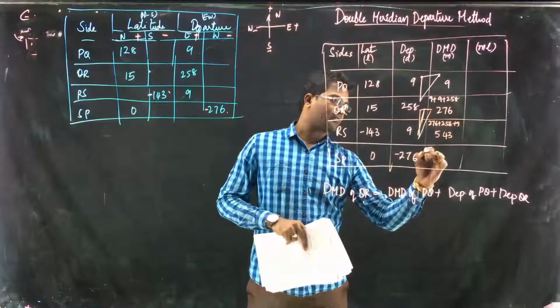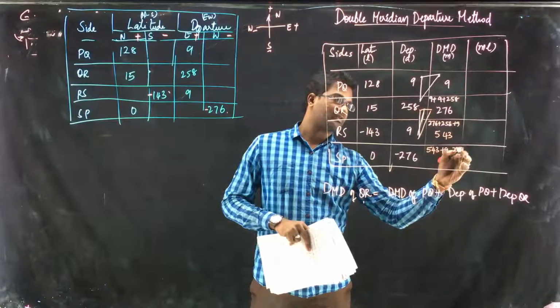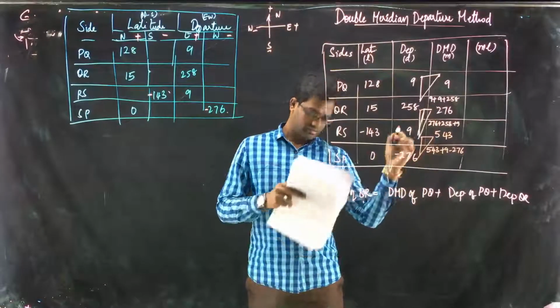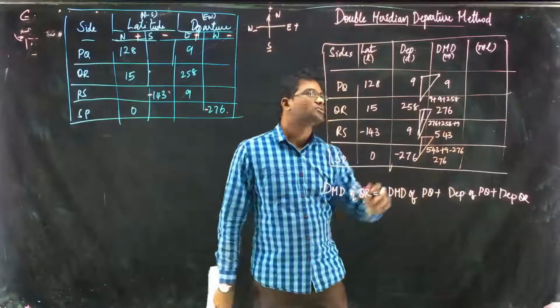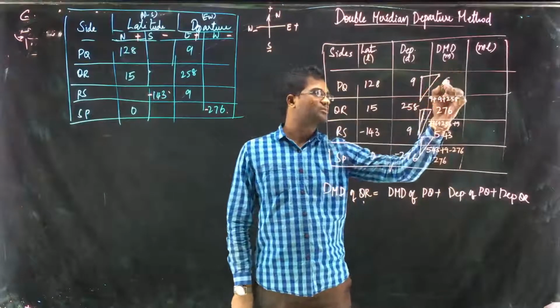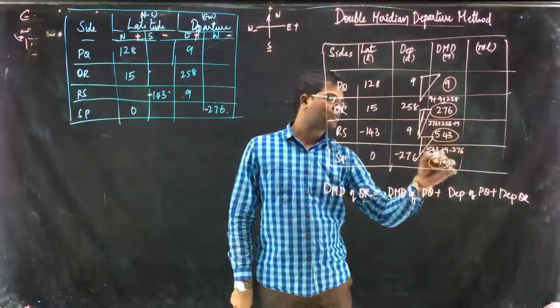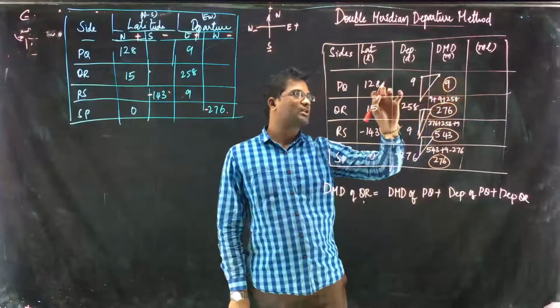This value is given by 543 plus 9 minus 276. And this value comes to be 276. So these are the double meridian departure values. You just need to multiply these double meridian departure values with the corresponding latitude.